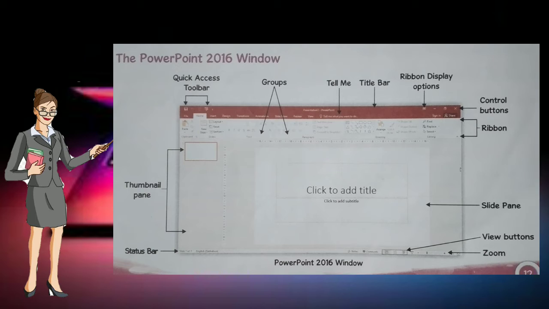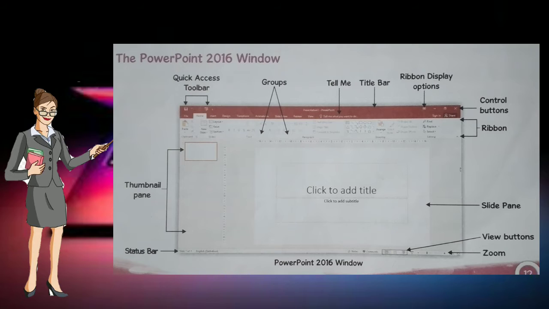Okay students, now the following pictures I have shown to you, like this PowerPoint window comes on your screen. It has components, different options you can see in this open window.